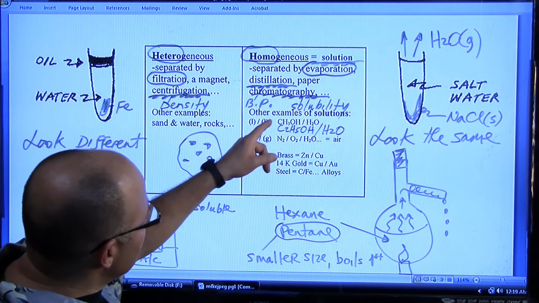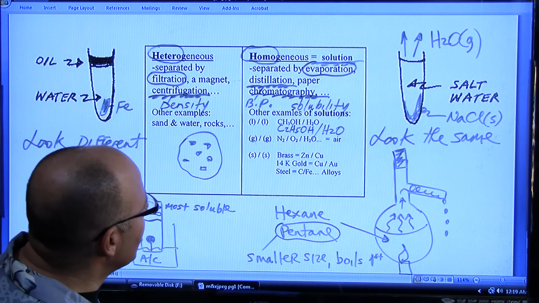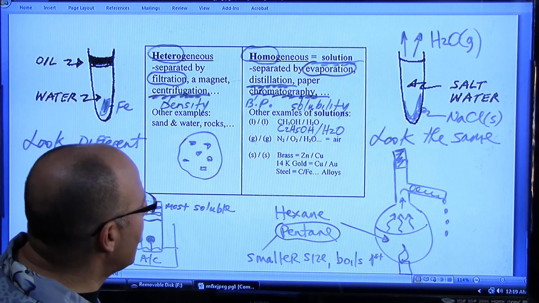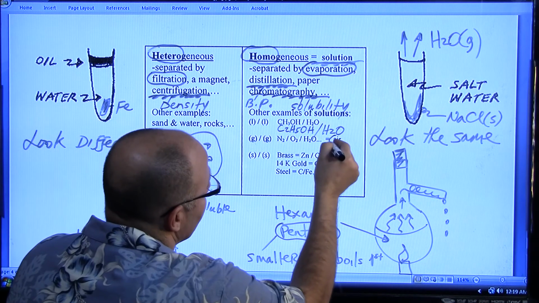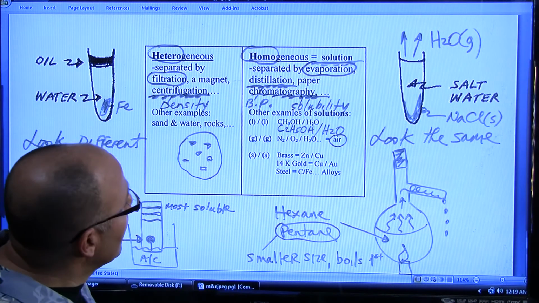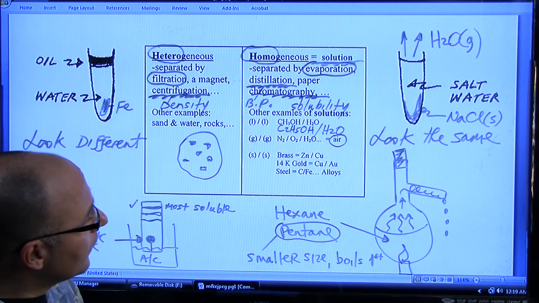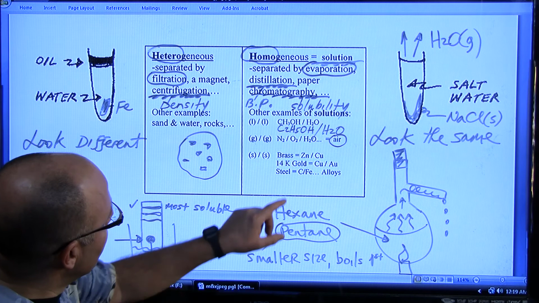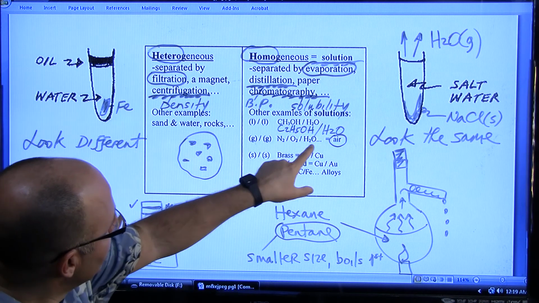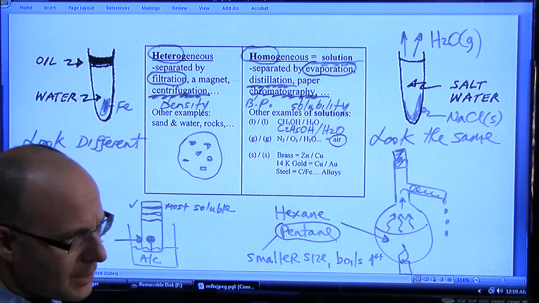You should memorize these two alcohols because they're so common. And again, we'll cover this in the organic unit. Or you could have a gaseous solution, as in the case of air. Nitrogen, oxygen, and water, and of course other components are found in air. This is in order from most to least, is a gaseous solution.